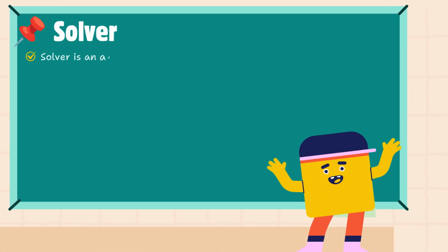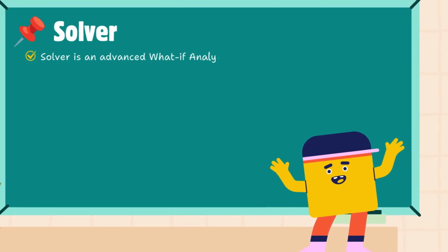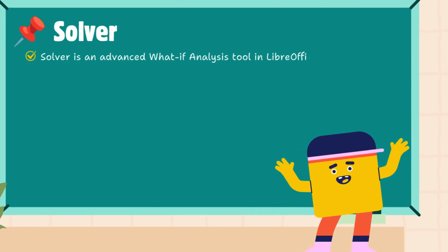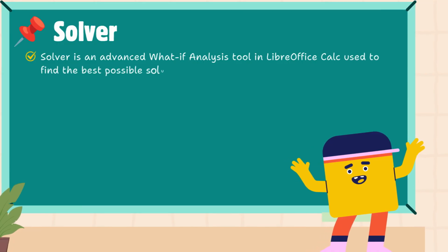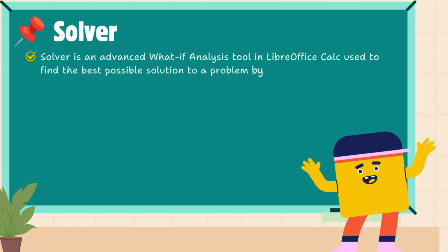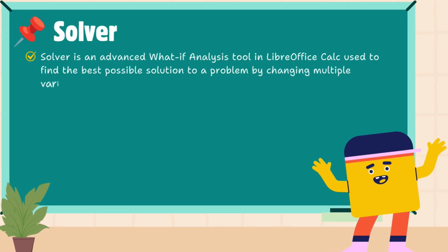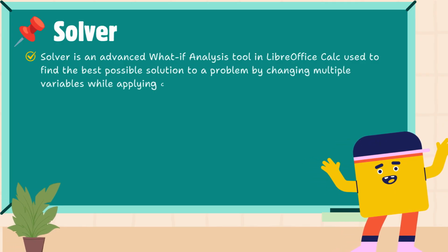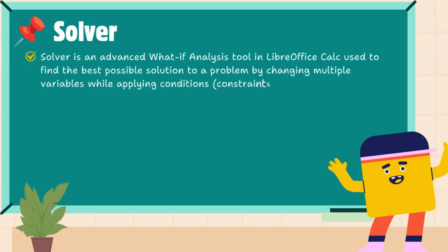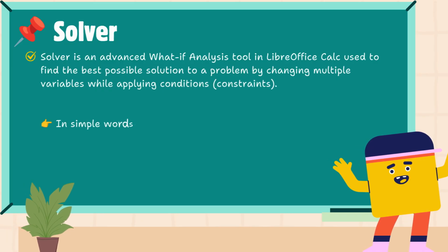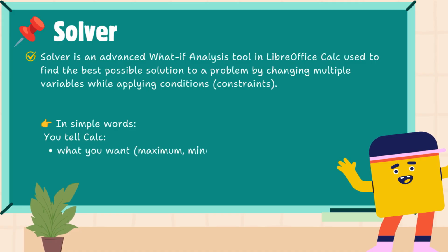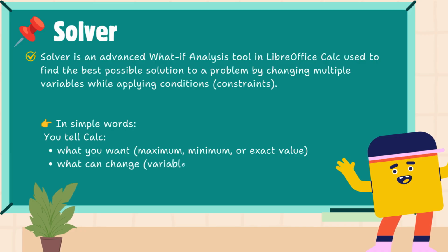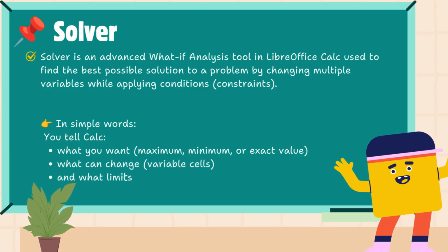So now there is a turn of the next topic, that is solver. Solver is an advanced what if analysis tool in LibreOffice Calc used to find the best possible solution to a problem by changing multiple variables while applying conditions. So as compared to goal seek, which finds one input value to achieve a desired result, solver finds the best solution by changing multiple input values.